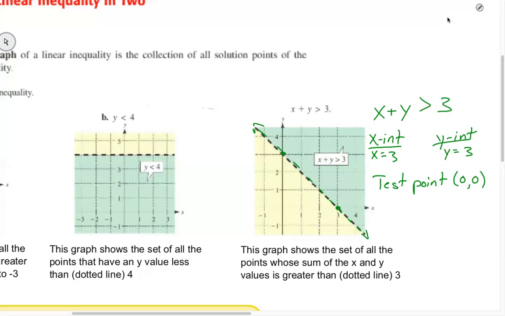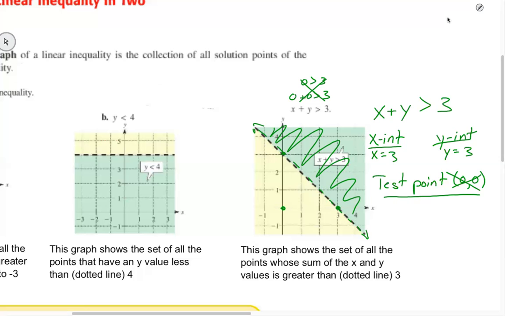So now I'm going to plug it in. Is 0 plus 0 greater than 3? Is 0 greater than 3? Is that true or false? False. So that means this point doesn't work. That point was right here, right? Since it didn't work, I shade on the other side of the line. Do you see how to do that?